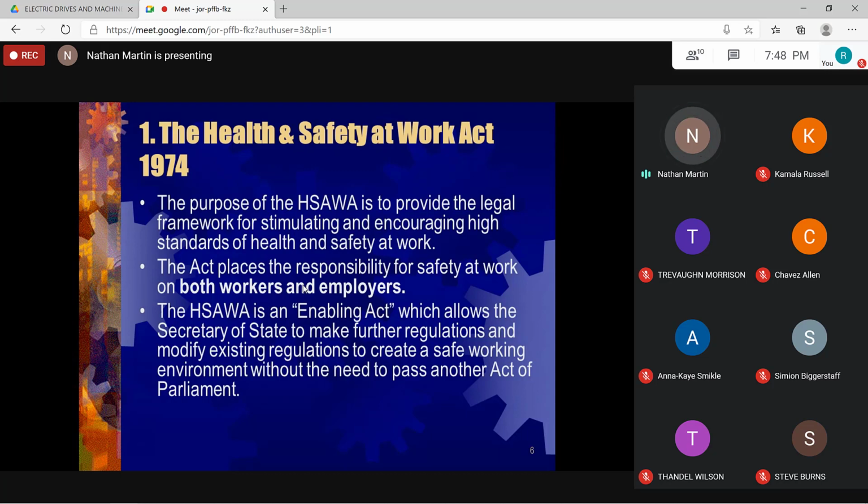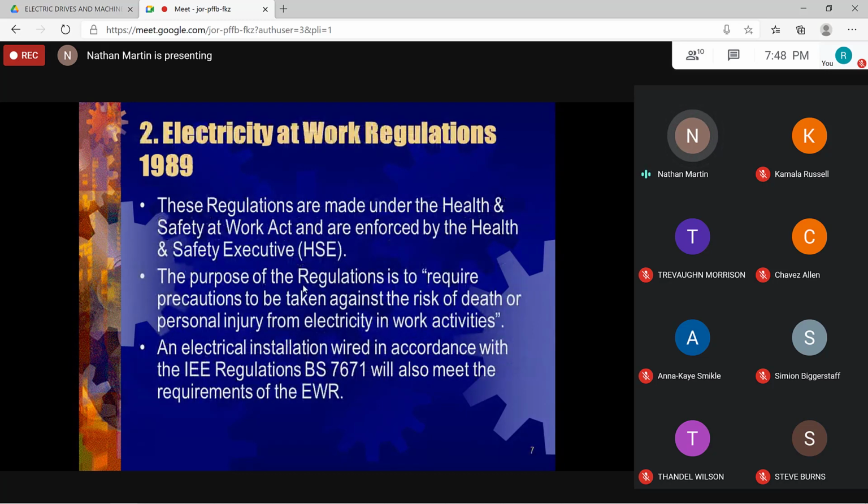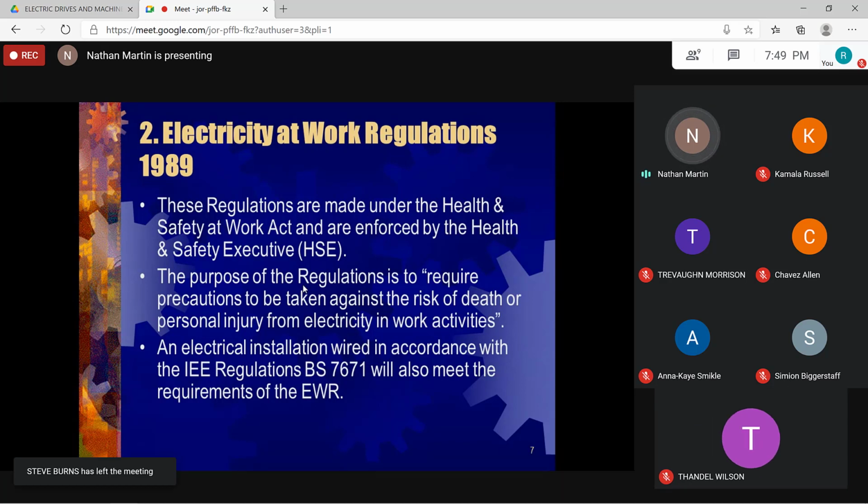The second act we want to talk about is the Electricity at Work Act. Why this act? Because of the nature of this module, being electrical facilities, we will be working around electricity, and this act forces both the employer and the employee to have certain things in place.